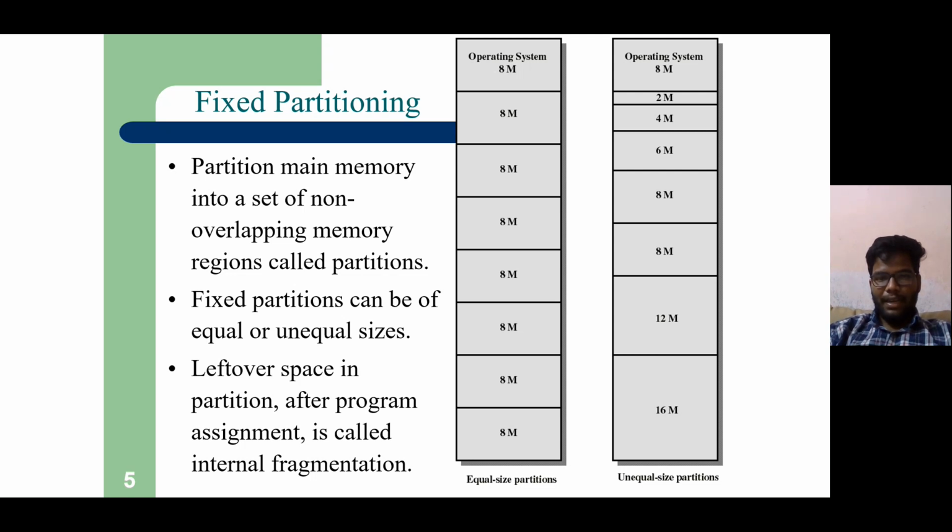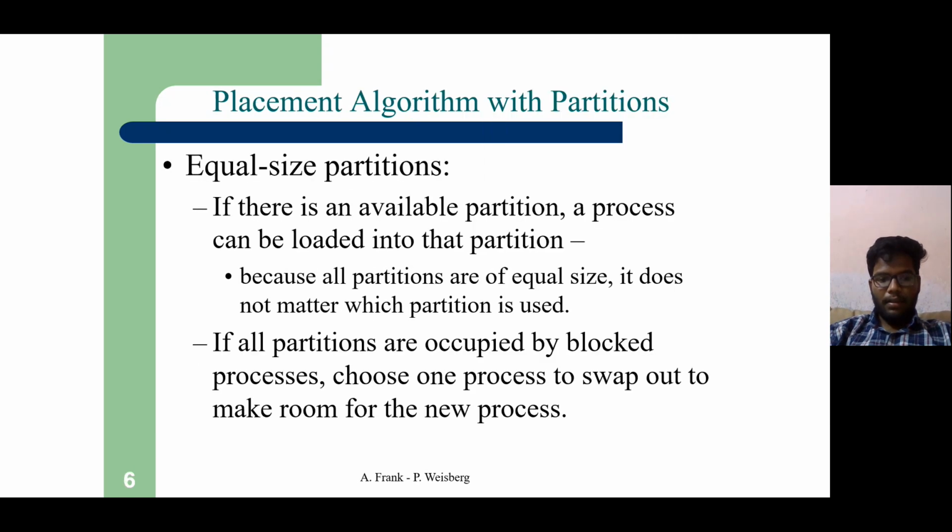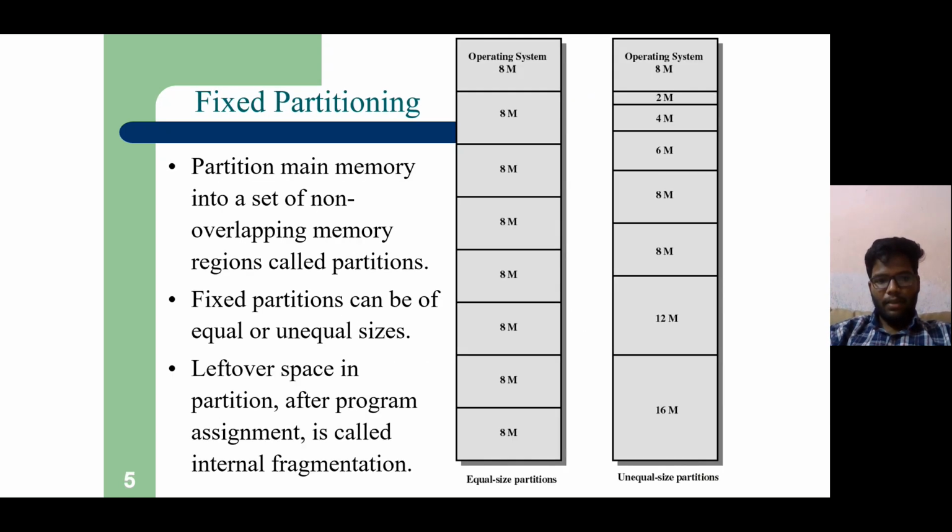Whereas in unequal size partitioning, the operating system takes 8 MB and the remaining partitions are of different sizes: 2, 4, 6, 8, 12, 16. So that is unequal partitioning.